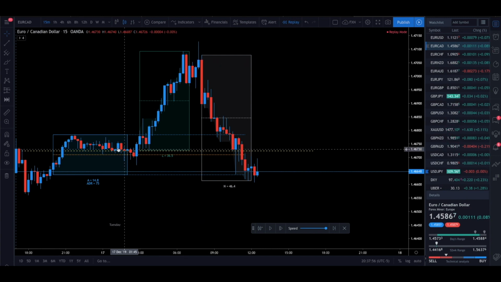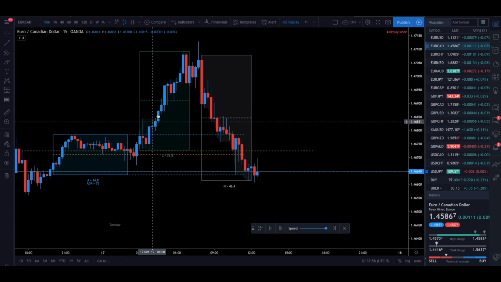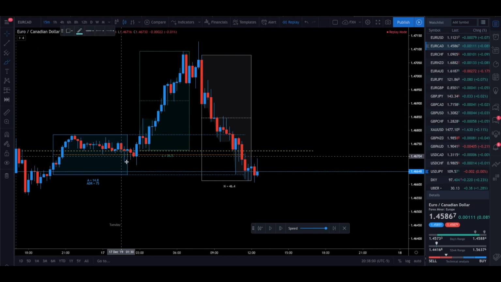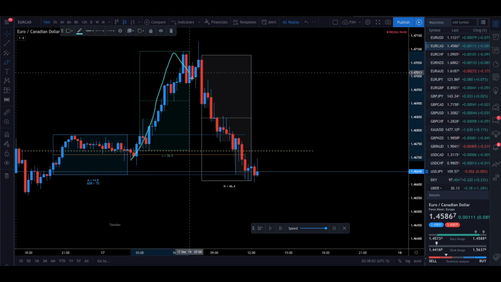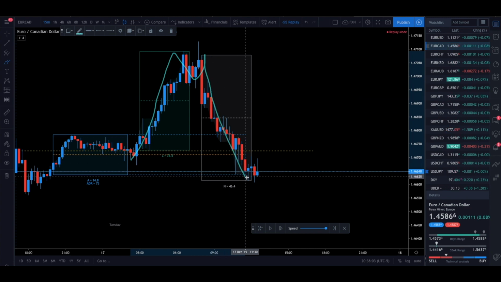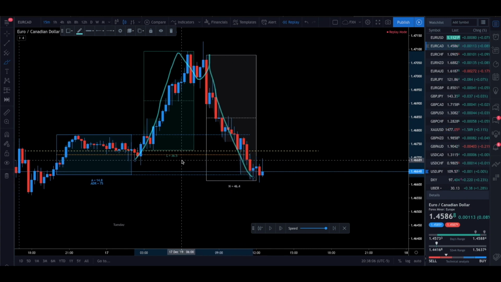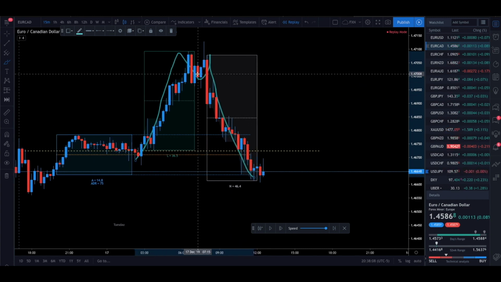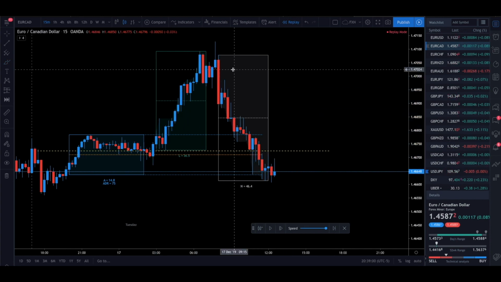Okay, so of course we do have, as you can see here, an M pattern, right? And so that's the setup. That's the pattern that you want to look for, a type 1. But let's take a look at a couple more examples of type 1 setups so you know exactly what they look like, okay?